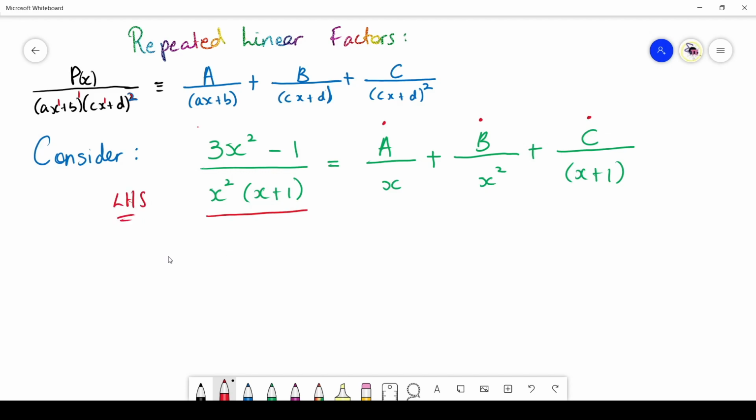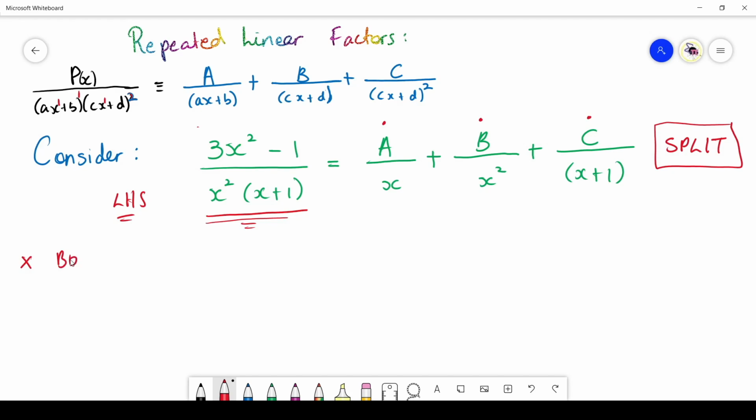Well, guess what? That's the standardized method for all partial fractions, right? So after you generate your standardized split, I call this my split, S-P-L-I-T. This is my standardized split. After I create that, then my next step would be to multiply both sides by this denominator present on the left-hand side.